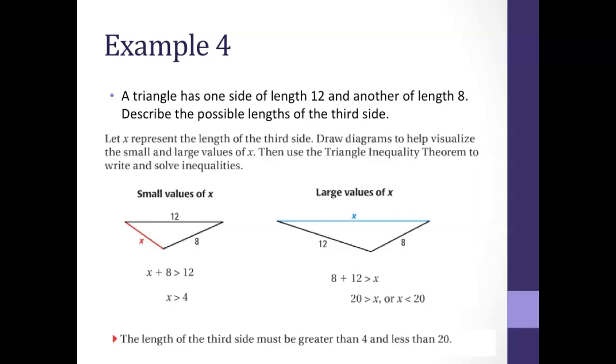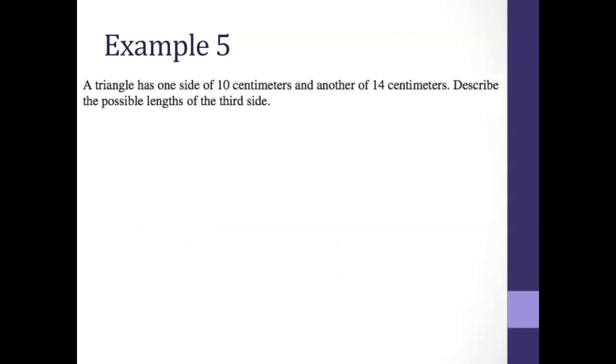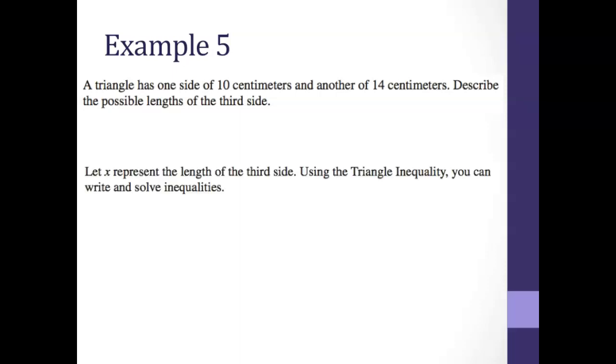Let's do another example. A triangle has one side of 10 centimeters and another of 14 centimeters. Describe the possible lengths of the third side. Again, we'll let x represent the length of the third side, and we'll write some inequalities. Let's say 14 was the longest side. That would mean that x plus 10 has to be greater than 14.